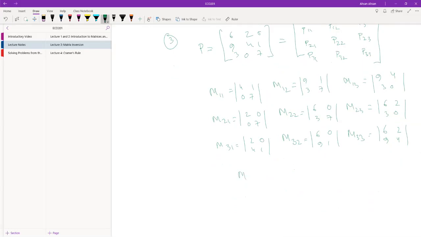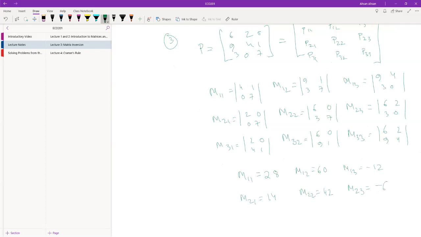So what we get is that M11 is 28, M12 is 63, M13 is minus 12, M21 is 14, M22 is 63, is it? No, sorry, 42.